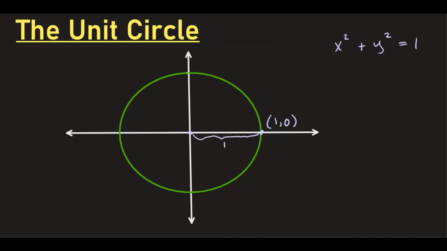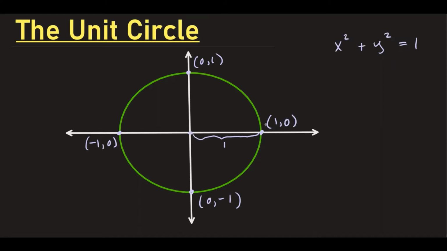And then as we travel counterclockwise, this point we can label as (0, 1), and then this point we can label as (-1, 0), and down here we have the coordinate (0, -1), and then again we're back to the point (1, 0).